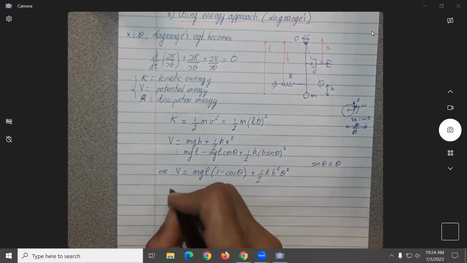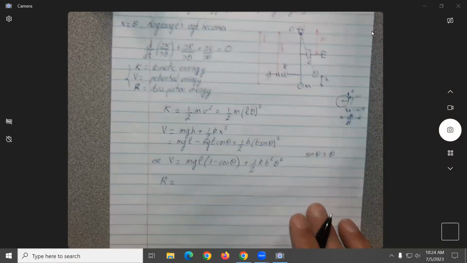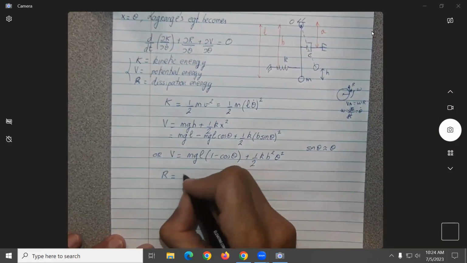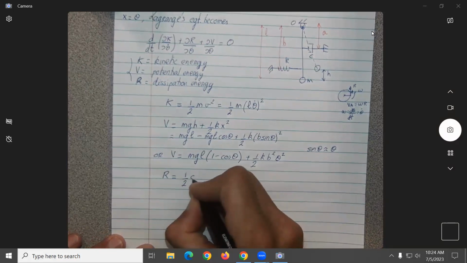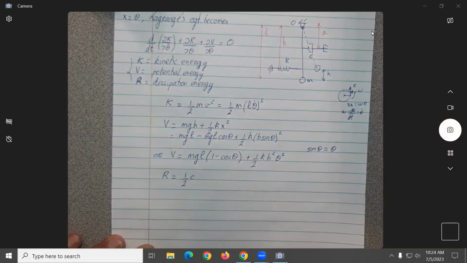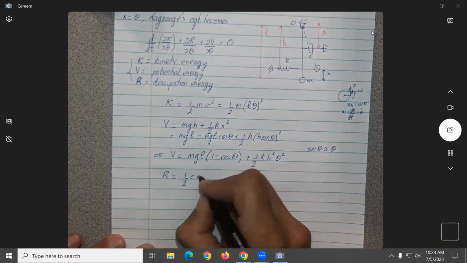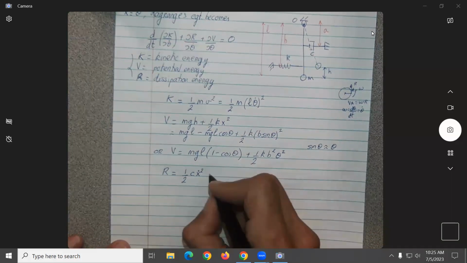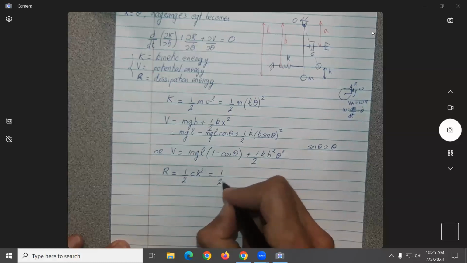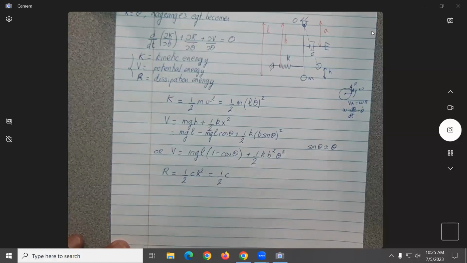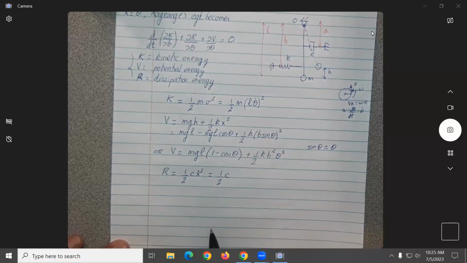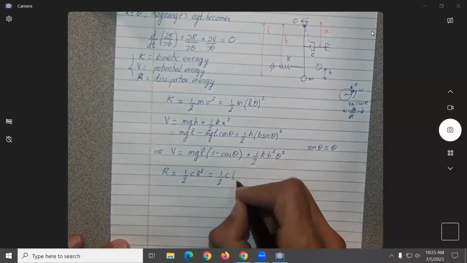And R over here, this is why I don't like to do this, but I just added it at the end. The dissipation energy we know is equal to what? It will be equal to 1/2 C velocity squared, so it's kind of similar to the kinetic energy. What would be the velocity at that point? Same thing we did over here, but instead of being L, what would be the distance?